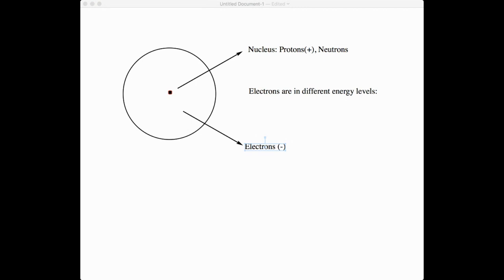So we can define something called shells, and that says the probability of finding an electron in different reaches of space relative to the nucleus, okay? And shells are quantized.